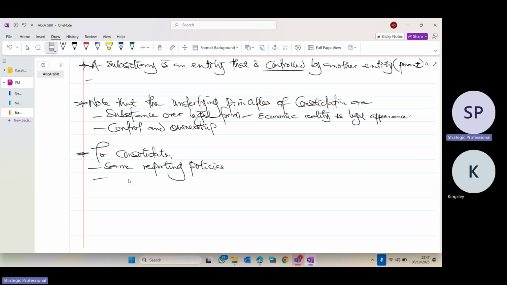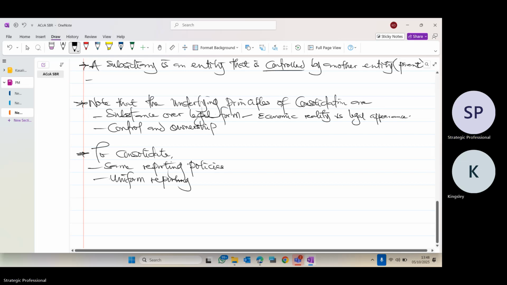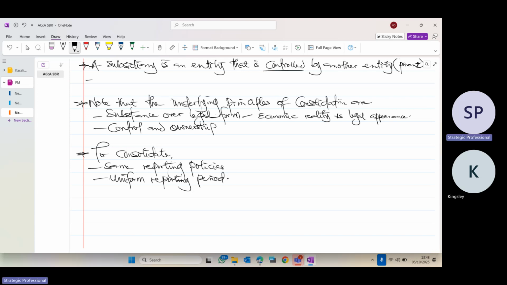Yes, yes. Okay. So I said they must have same reporting policy and also have the same, which I call uniform reporting period. Those are the two key main things. The reporting date must be the same.